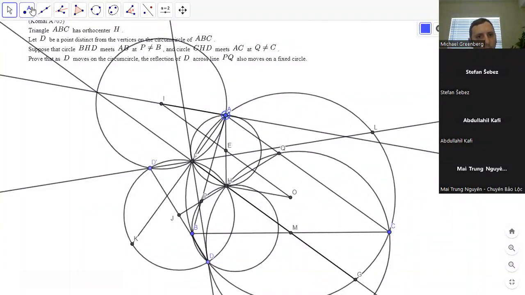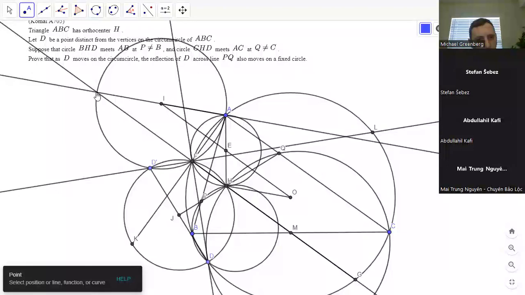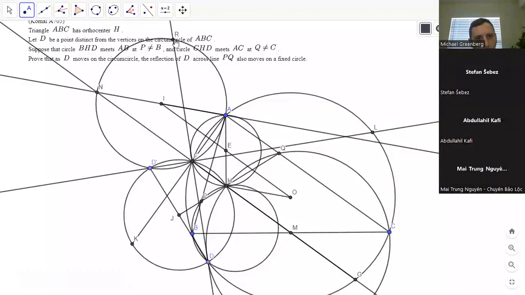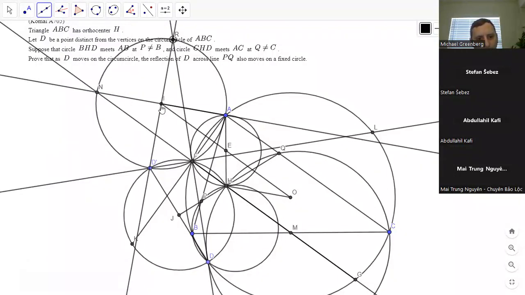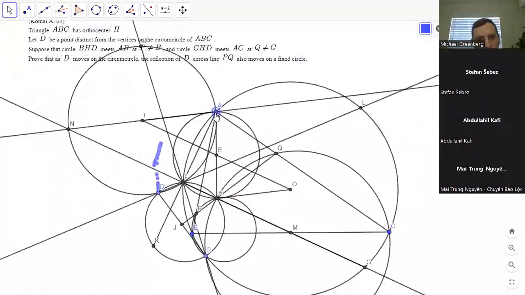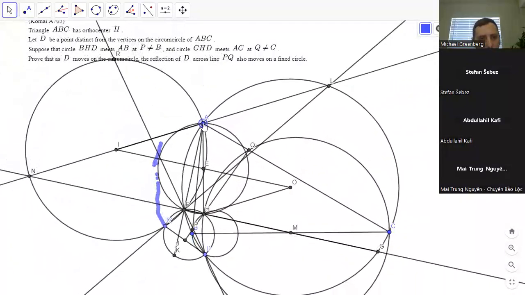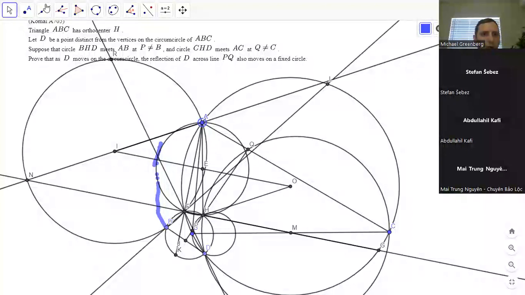AD prime, the antipode of A, so we want to show that these are reflections, R and then also, okay, I was going to say that might be asking for too much. I think R and D prime are like reflections over AN.